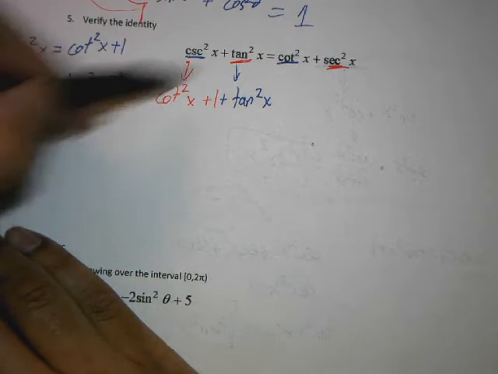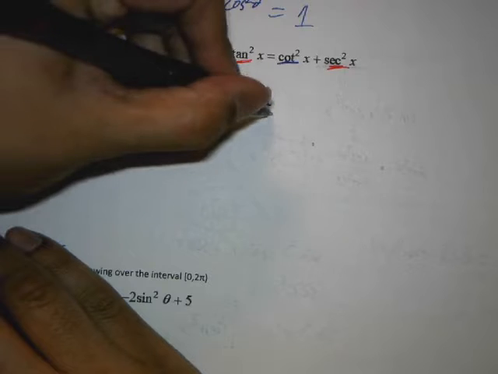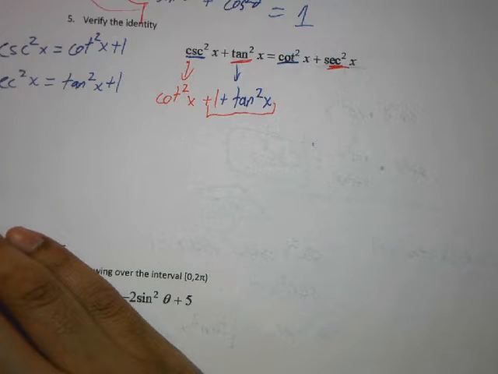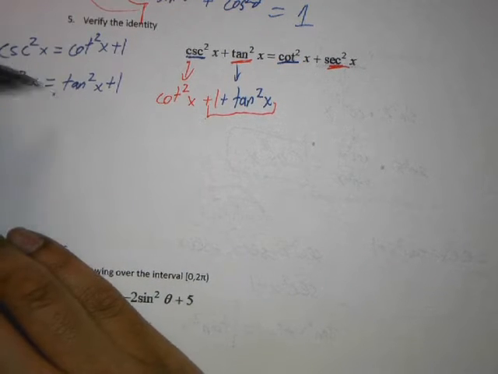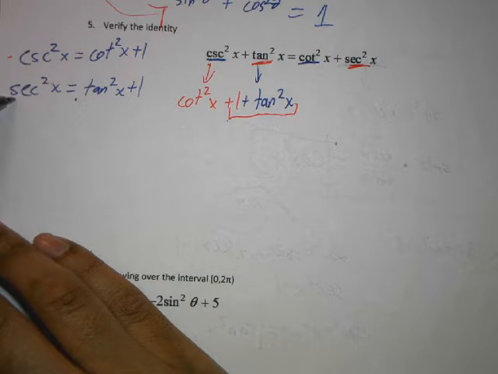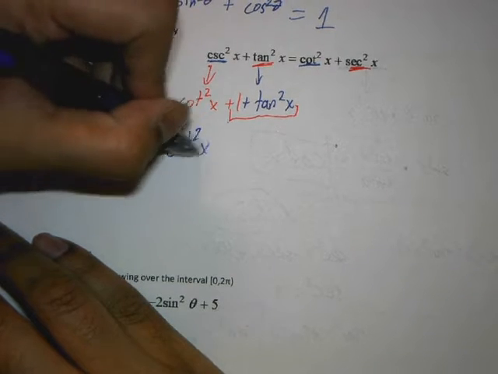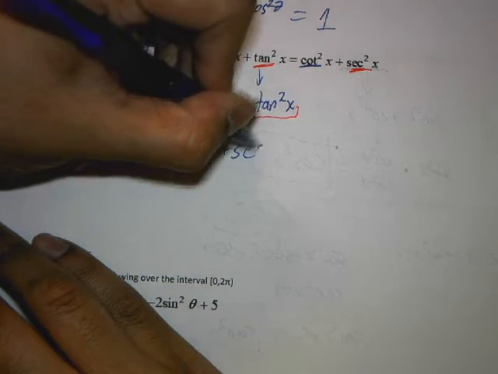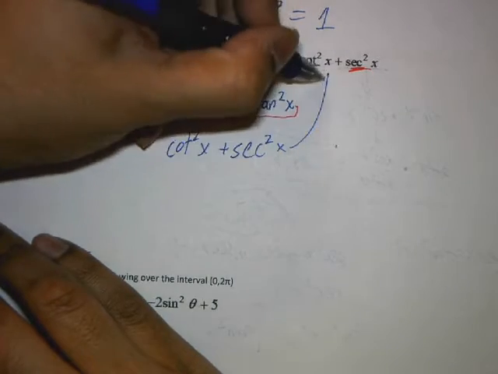Now, at least I've got this cotangent already, but this tangent piece now has that plus 1 with it, and I can use my other identity over here. Remember, that's equal to secant squared x, and I'll be able to get secant x from here. So now I'll have cotangent squared x plus secant squared x, which is the end result that I wanted here.